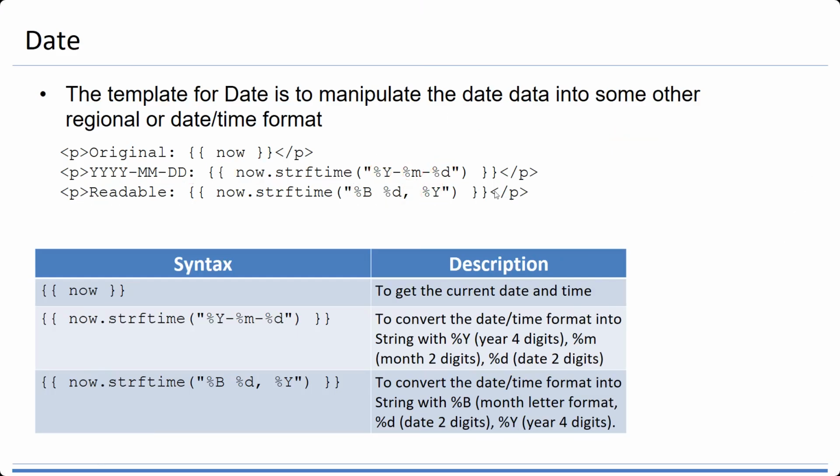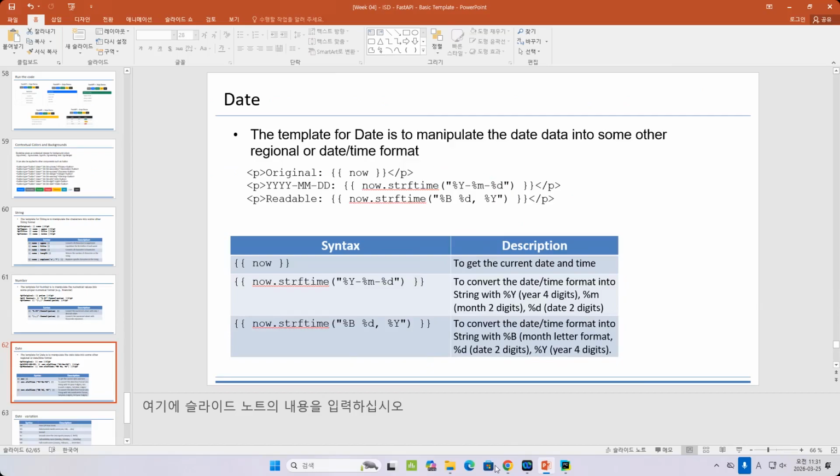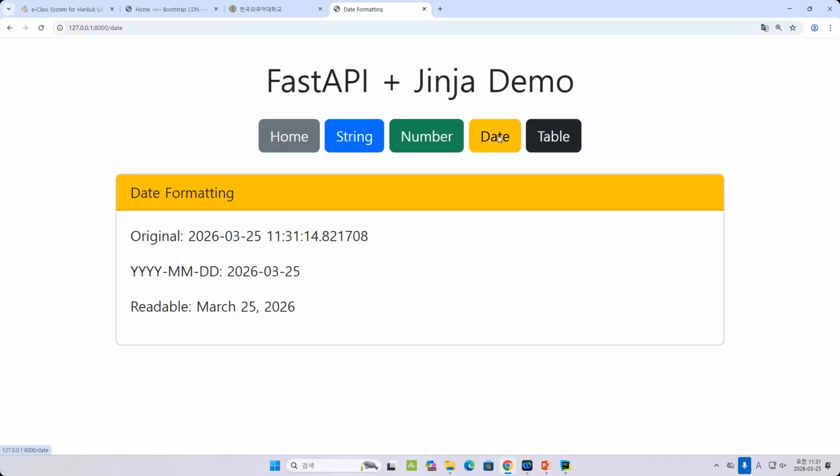So if you look at the result for the date, today is 25 March of 2026, and this is the time 11:31.